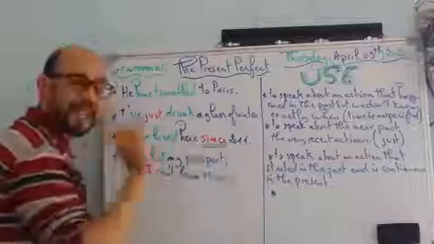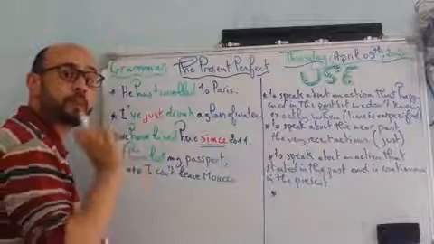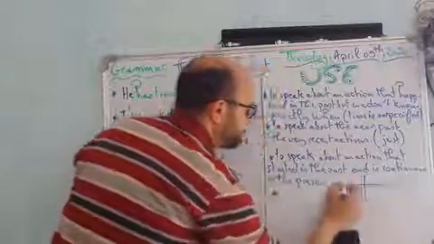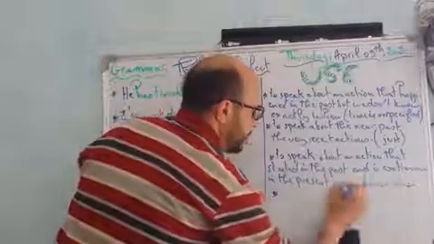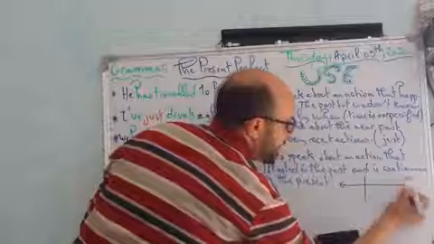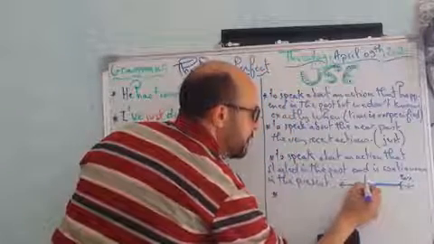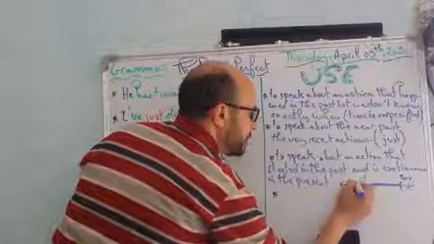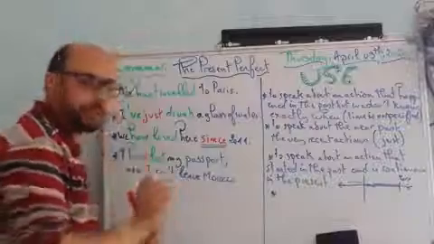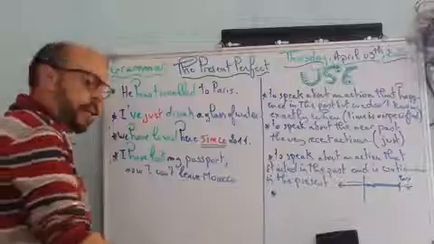So since means from. If we have a timeline, this is the past and this is the future. So this is 2011. Started there. The action has continued until now, and it may continue here, we don't know. It may continue or not. We don't know. But what is important is the action started in the past and is continuous until now.